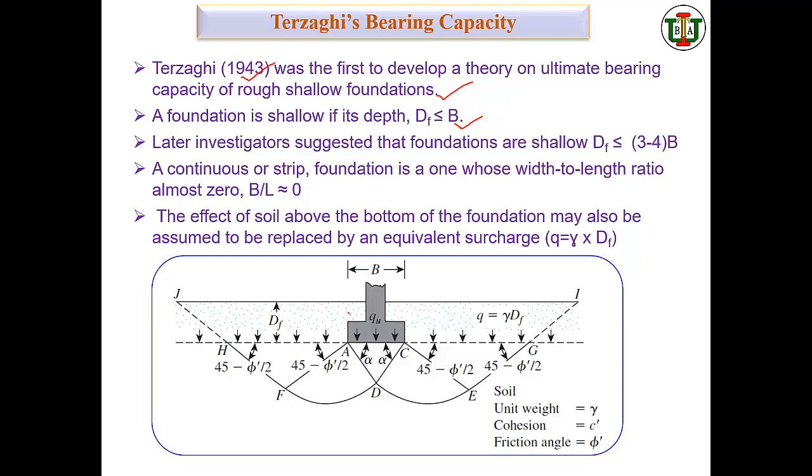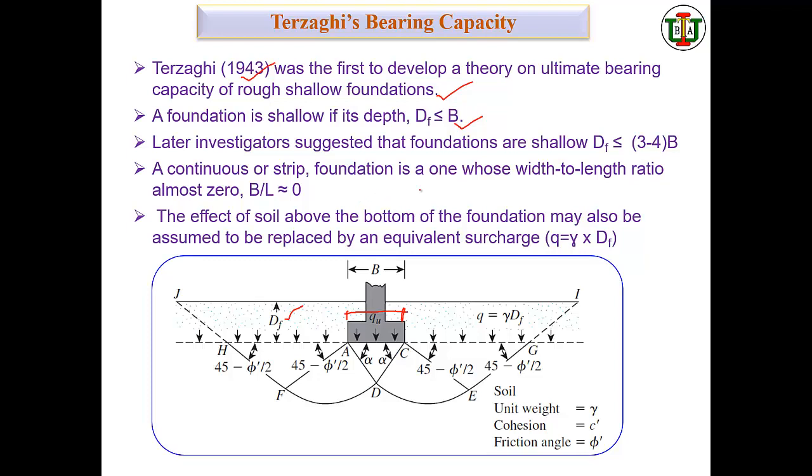Suppose this is the foundation you have, and suppose this is the width. Can you see the picture? Here I was discussing that if the depth is less than or equal to the width of the foundation, that we call B. So here you can see this is the foundation and this is the width of the foundation, B. If the depth, which you are considering as Df, is less than or equal to this, can you see the Df?